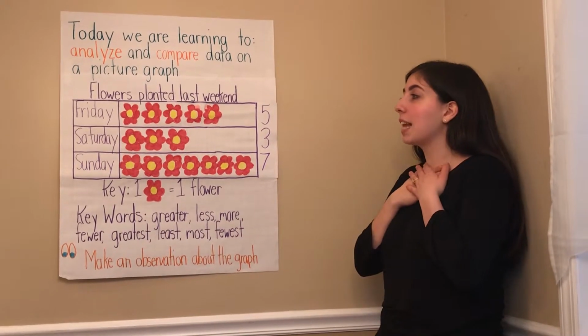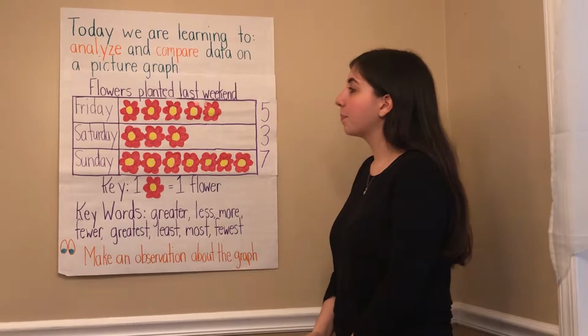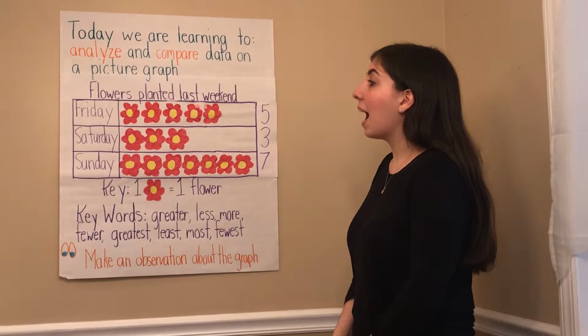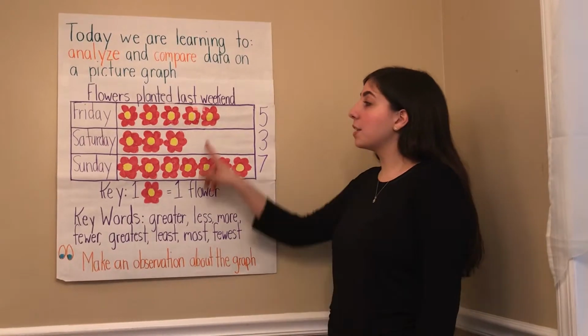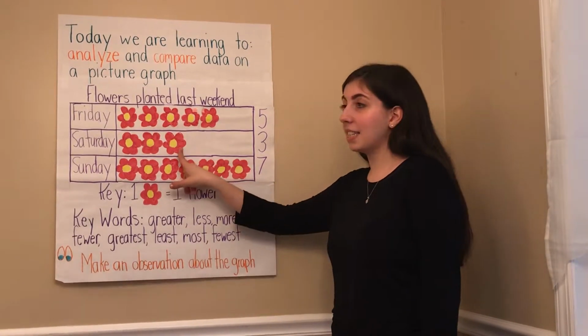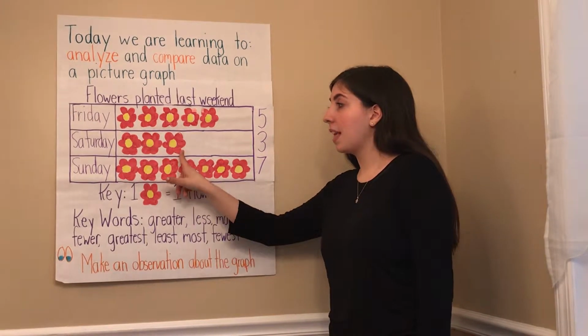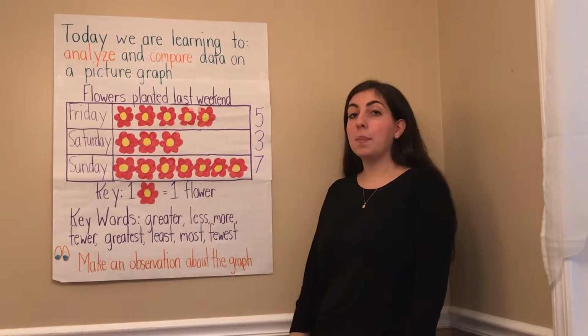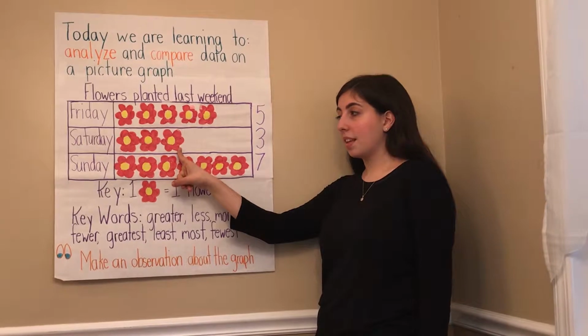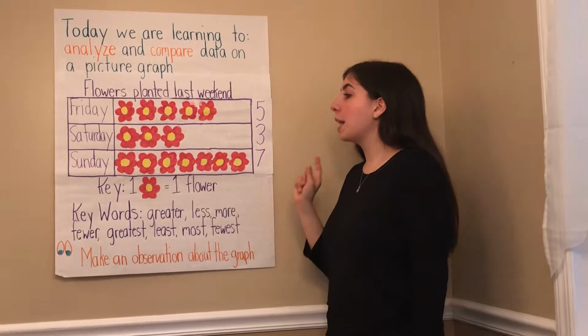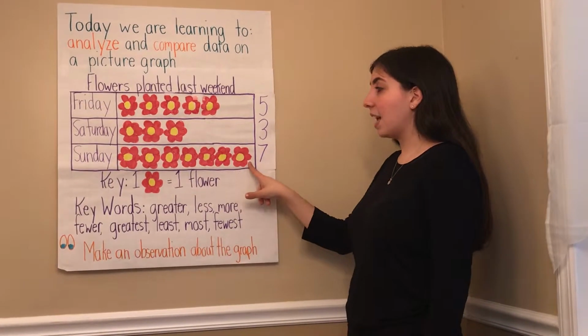What observations can I make about this graph? Well, I noticed that Miss Lupo planted more flowers on Friday than she did on Saturday. I also noticed that Miss Lupo planted the fewest amount of flowers on Saturday, and Miss Lupo planted the most amount of flowers on Sunday.